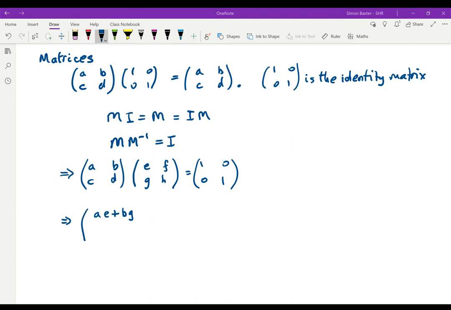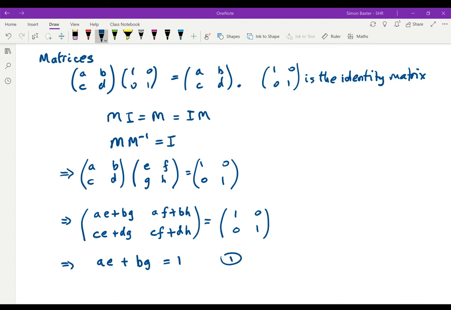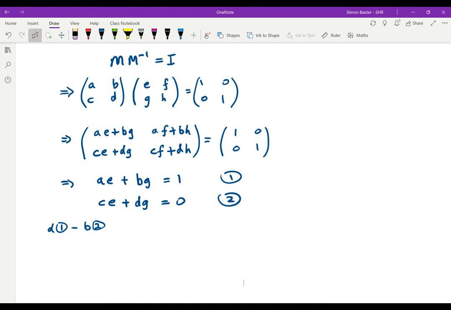Multiplying together, we get, and if we look at the top line, we get, and if we look at the bottom line, and if we now take D times equation 1 and subtract B times equation 2, D times 1 minus B times 2 will get rid of the second term, and we're left with AED minus CEB equals D times 1.